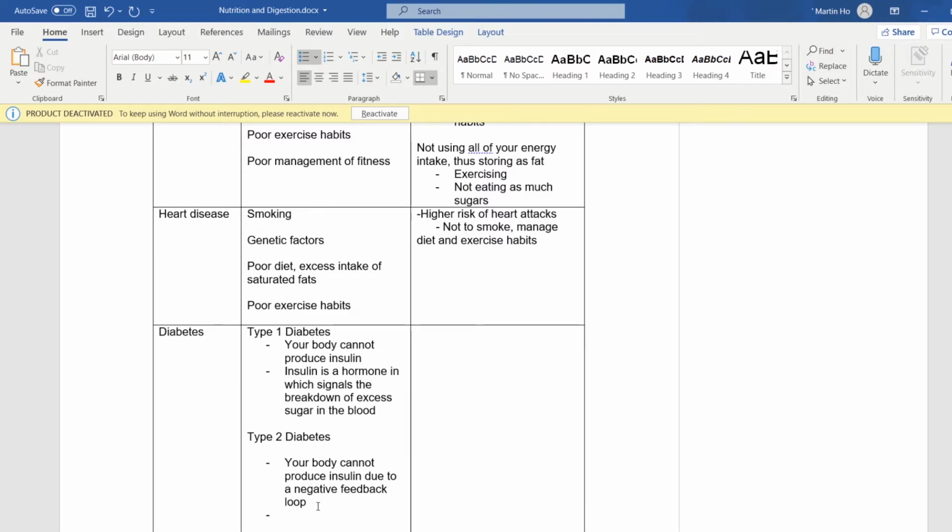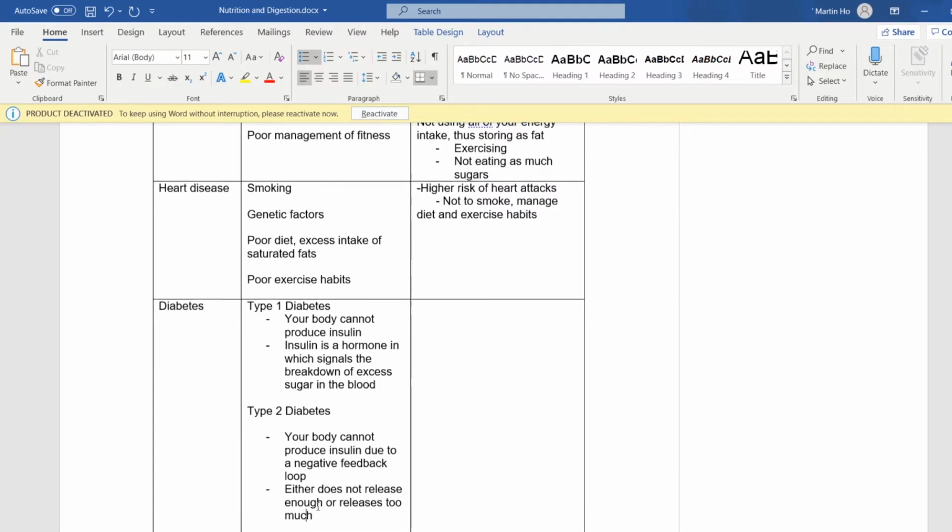So it either does not release enough or releases too much insulin. And this can affect your body in two ways.